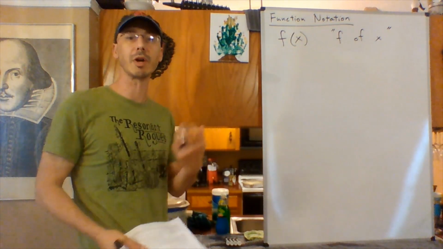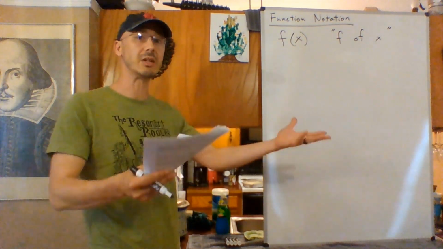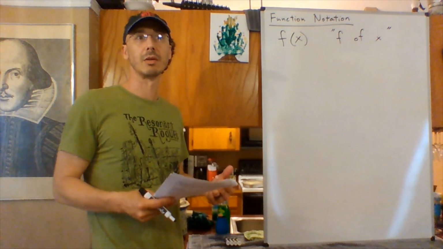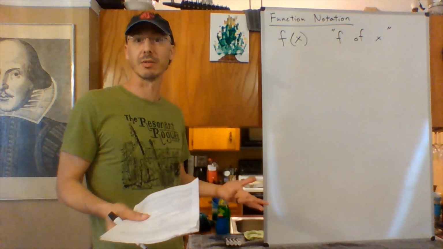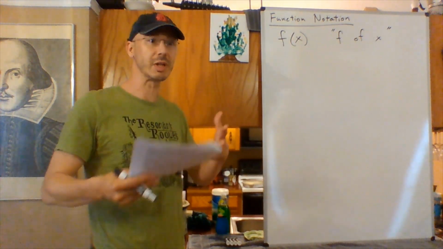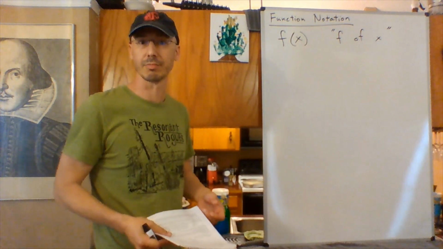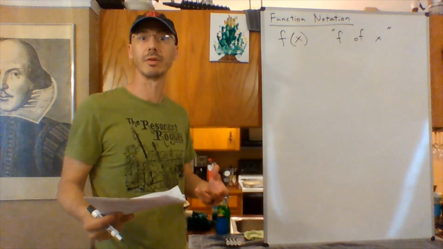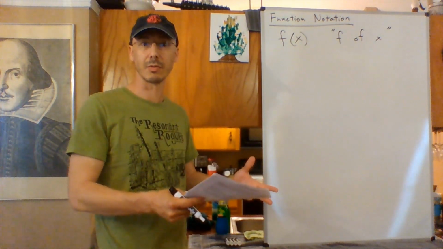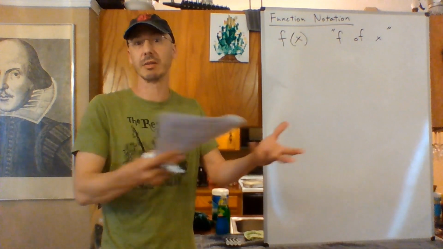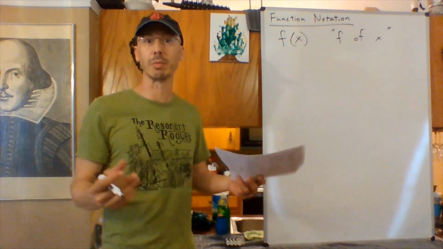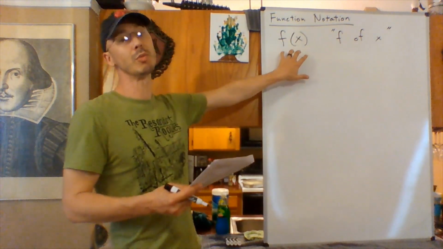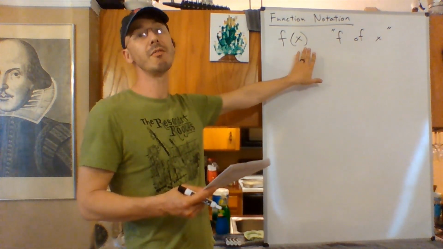If we have other functions, we might call them f and g and h. If there's more meaning to it, we might use something like p of x for the profit from building x robots or whatever you're selling. Or t of x, which could be the temperature on a particular day numbered by x. So anyway, f of x is the most common one we'll use, f for function, and then of x.